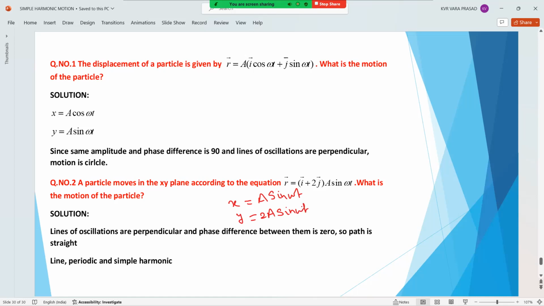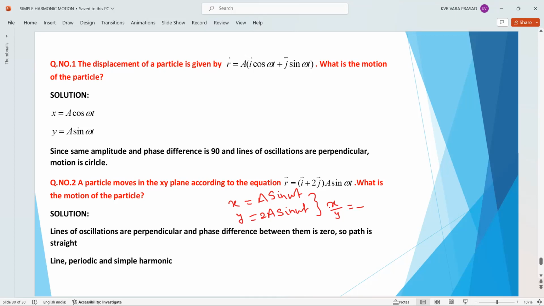If you observe carefully, they have different amplitudes but the same frequency. One is along x and one is along y. If I take the ratio of these two, x by y, this is a constant, right? Sin gets cancelled, it is a constant. That means x is proportional to y, or y proportional to x. That means this is the equation of a straight line. That means the motion is a straight line, it is periodic, it is also simple harmonic.